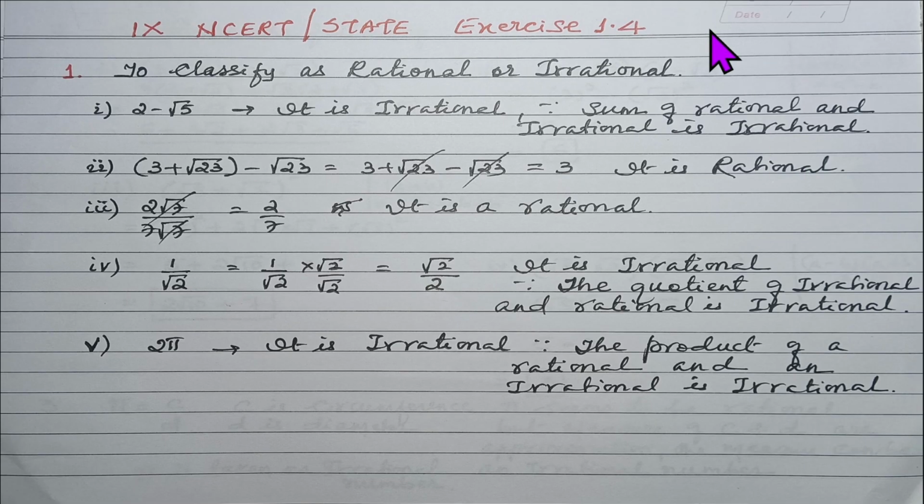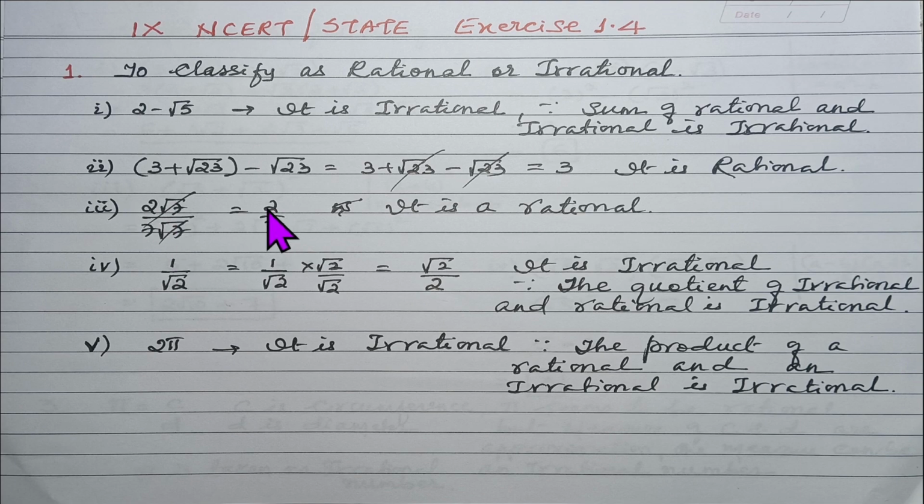Now coming to exercise number 1.4. The first question is to classify as rational or irrational. Again, 2 minus root 5 is 100% an irrational number, because the sum of a rational and an irrational is always irrational. 3 plus root 23 minus root 23 is equal to 3 plus root 23, opening the bracket, I get 3, which is a rational number.